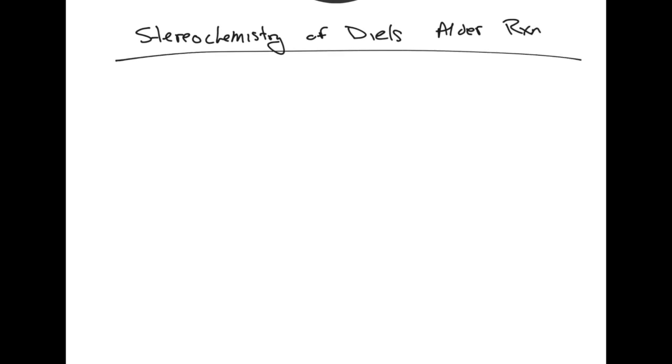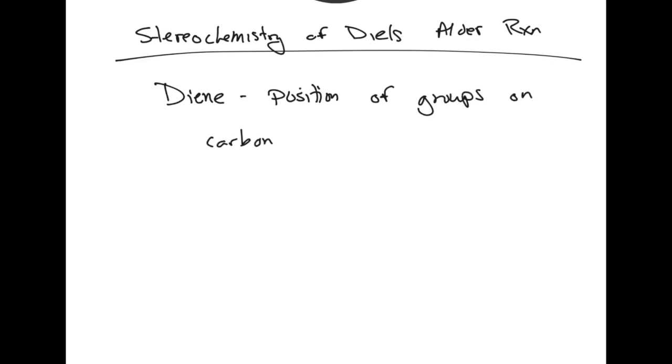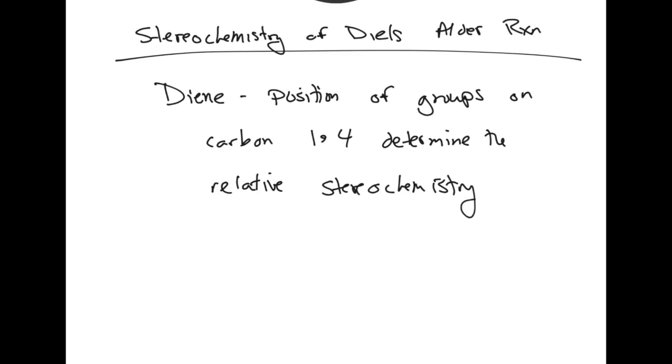And we're going to look at two things. First, we're going to look at the diene. The positions of our groups on carbon 1 and 4 determine the relative stereochemistry, right?